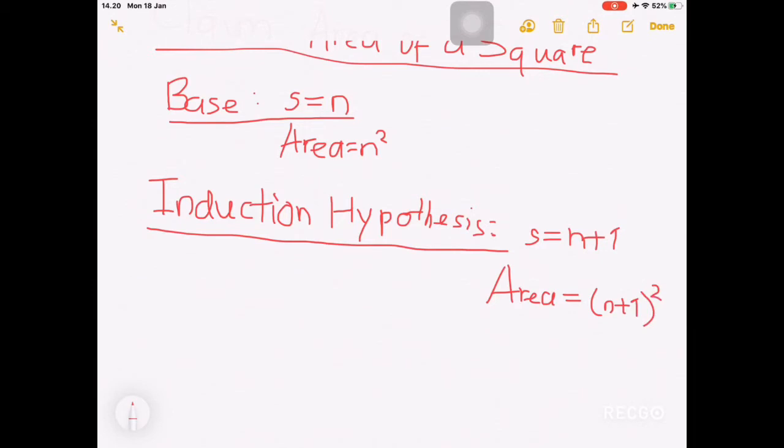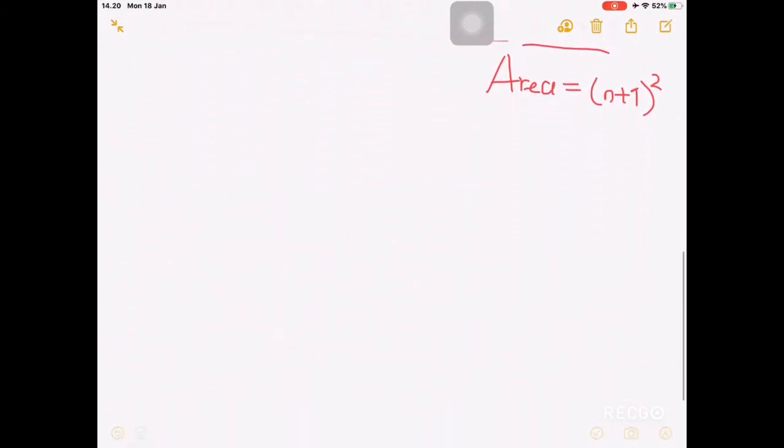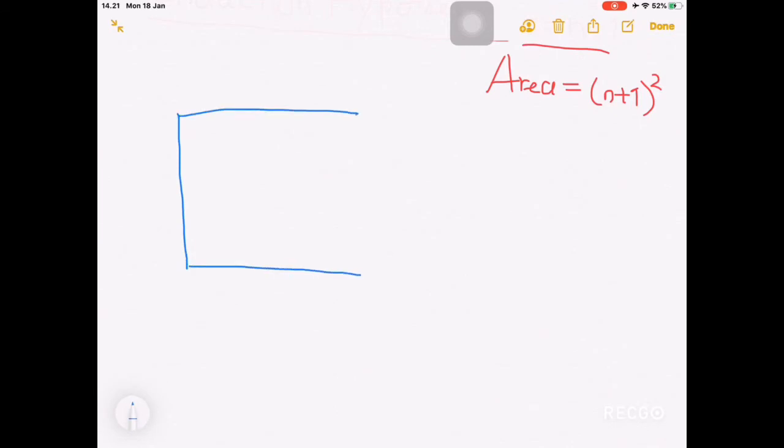Next we're going to do this from another perspective, and let's see what we have. First let's try to draw a square with sides n plus 1. This is not really a precise square, but just assume it is.